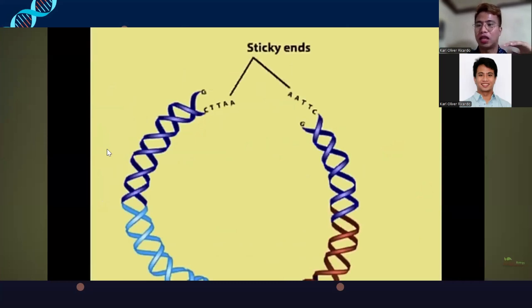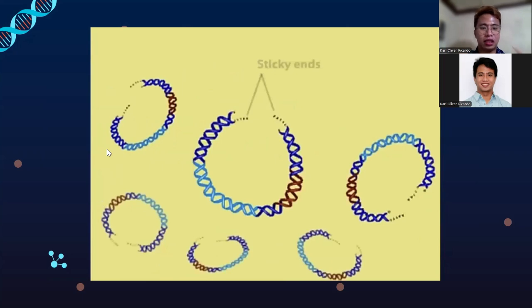And then, katulad kanina, kapag nakat, yung dulo nun is sticky ends. Okay? And then this can hybridize with any piece of DNA that has also been cut with the EcoR1.